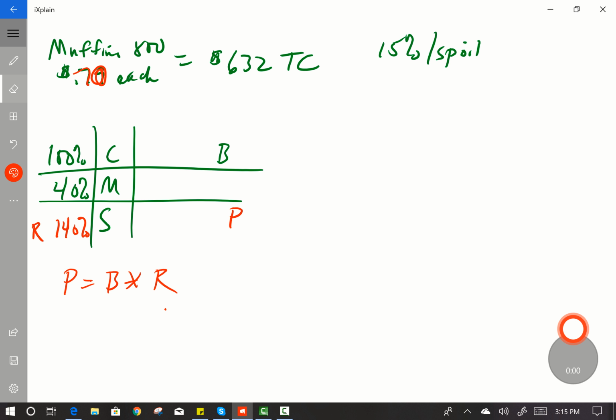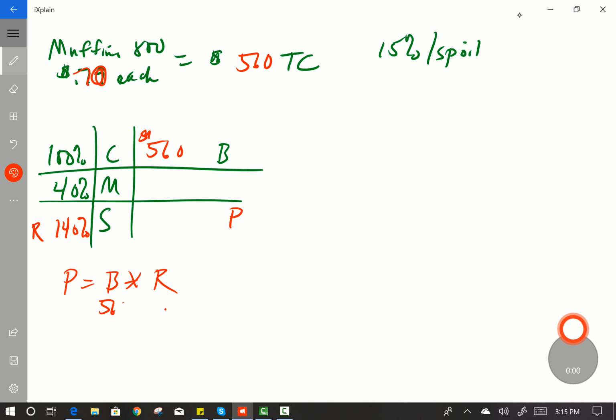Okay, so the total cost is not 632. Let's do that part again. 800 times 70 cents is equal to $560. Now part is equal to base times rate.